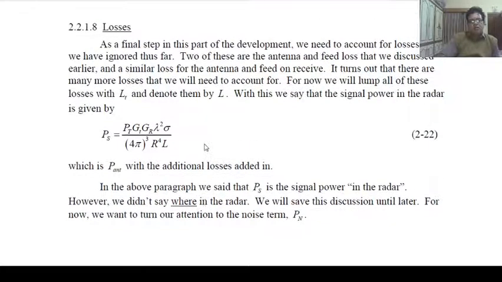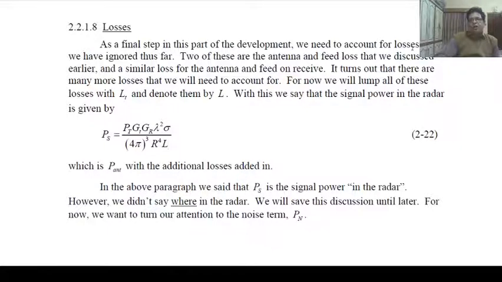Now losses. As a final step in this part, we denote the losses by L. With this we say that the signal power in the radar is given by this expression, because these losses reduce the power. Two of these are antenna and feed loss that we discussed earlier.